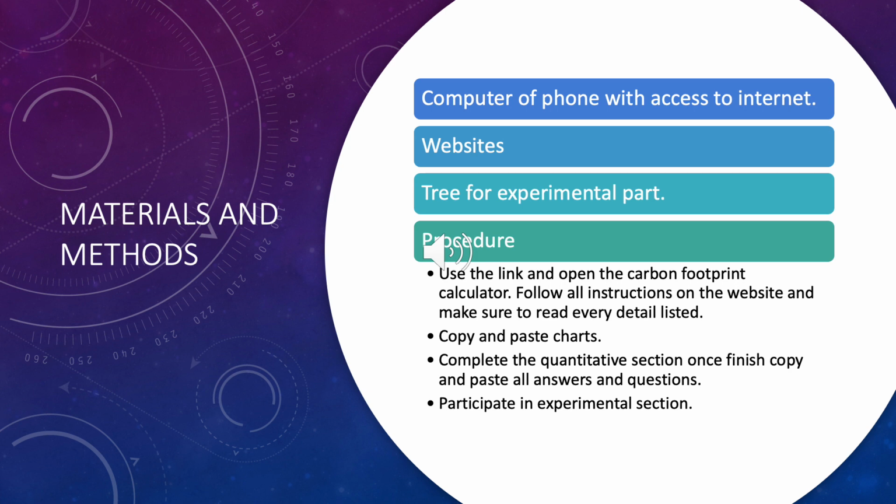And here are some of the procedures that I used in order to complete my carbon footprint. So I just simply clicked on the link and followed all the instructions. For example, it asks how many people live in this household and the main source of energy. It also talked about the transportation that you use, how many cars, and the average miles per year, and the mileage also.